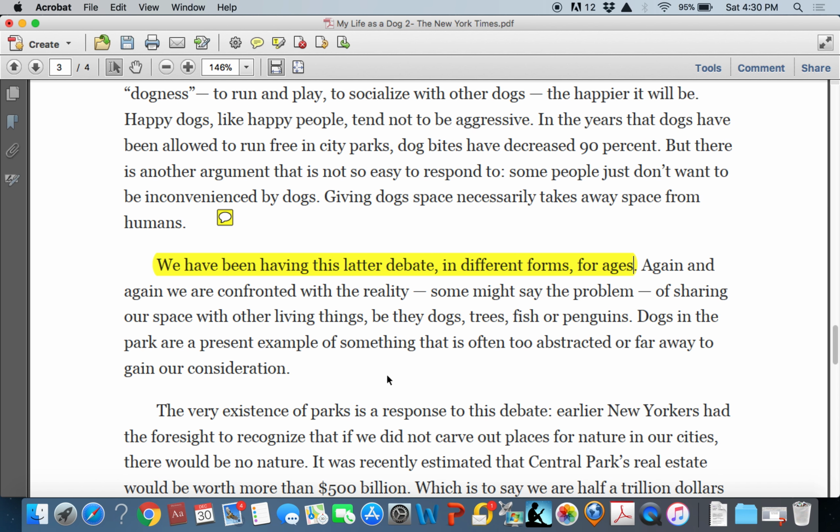Dogs in the park are a present example of something that is often too abstracted or far away to gain our consideration.